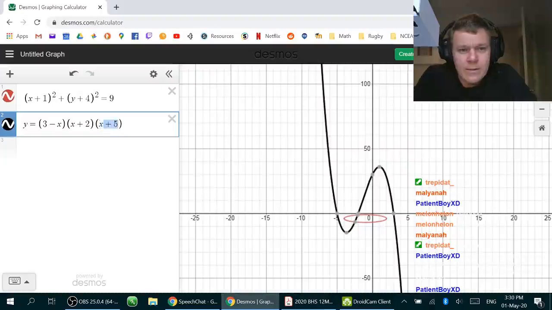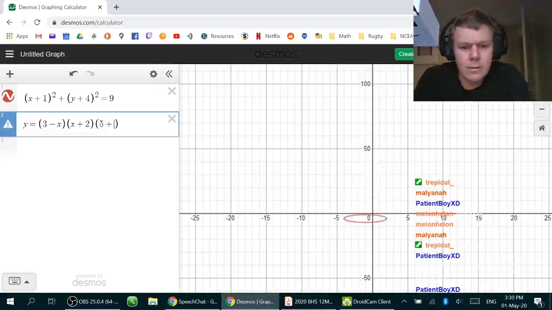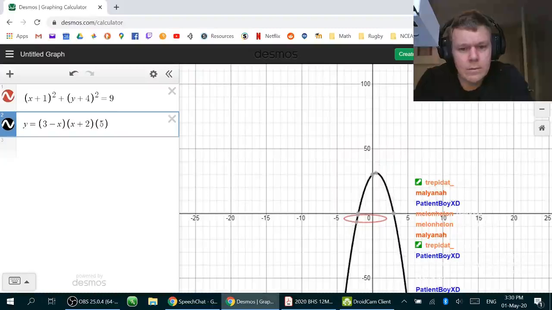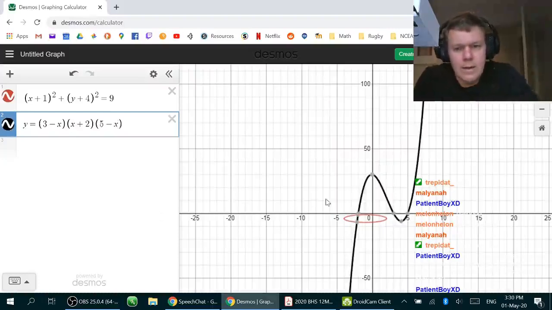But if I did that to 2 of them, then I'd have 2 negative x's, which add together to make a positive. So your graph is finishing positive.